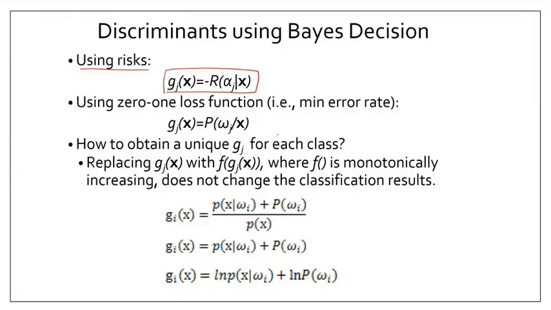There I just write a minus here because I am searching for max, and the risk we calculate is R for decision alpha 1 given x, and R for alpha 2 given x. Then we choose the minimum between these two, right? To take a decision, we want minimum risk.